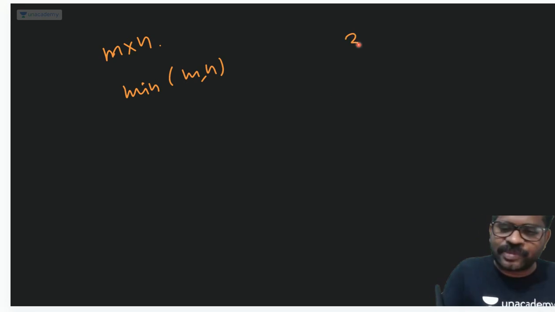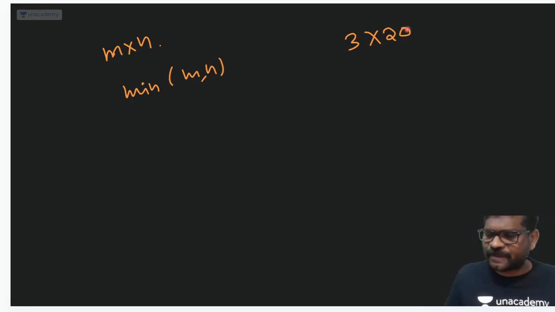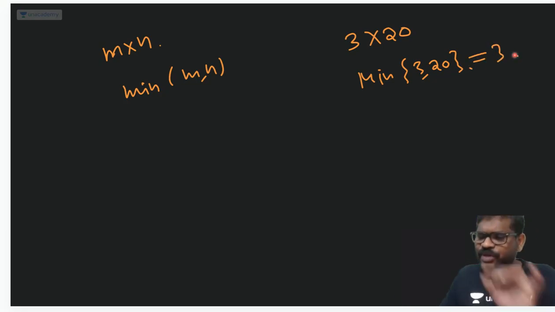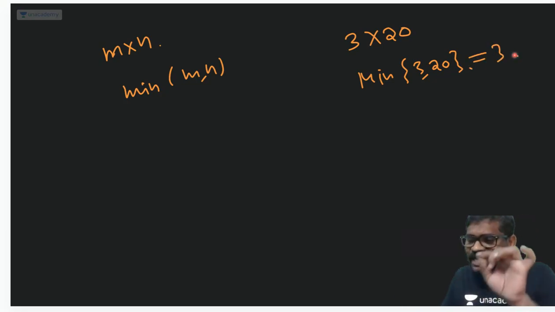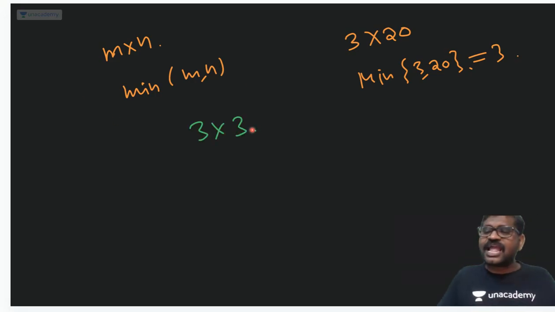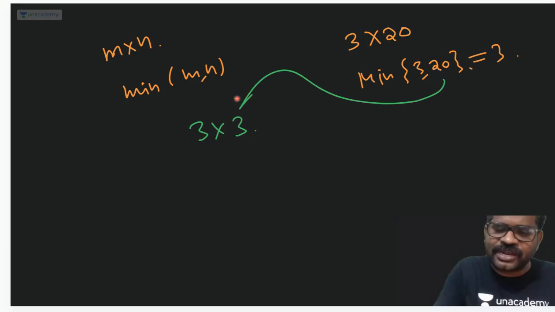Suppose your matrix is 3 cross 20. So select the minimum of 3 comma 20, which is 3. Therefore, you can understand that a 3 cross 3 matrix is the highest possible minor.